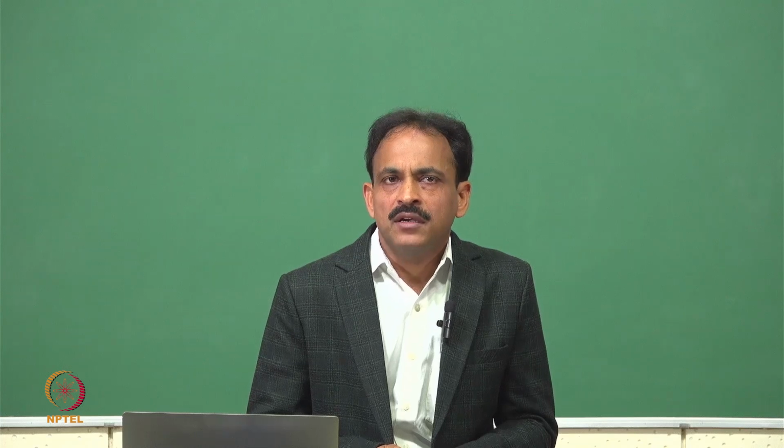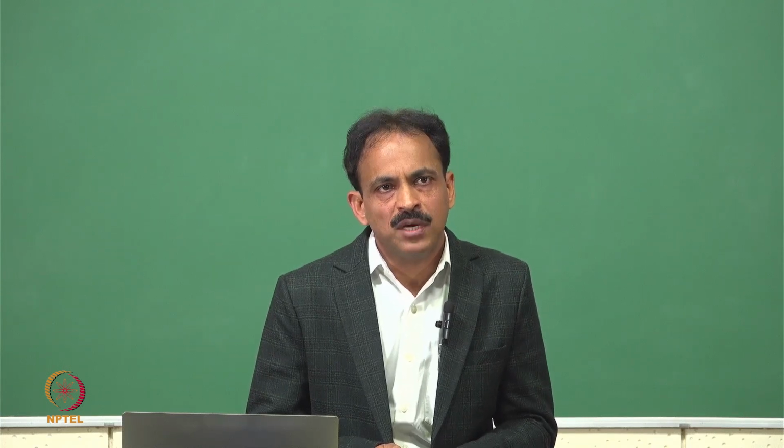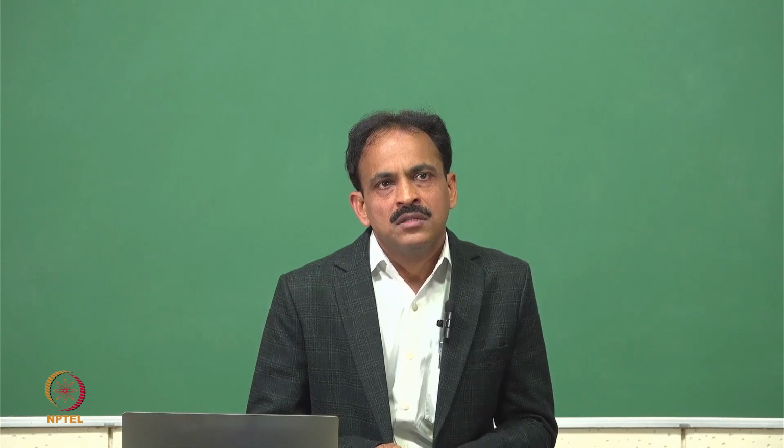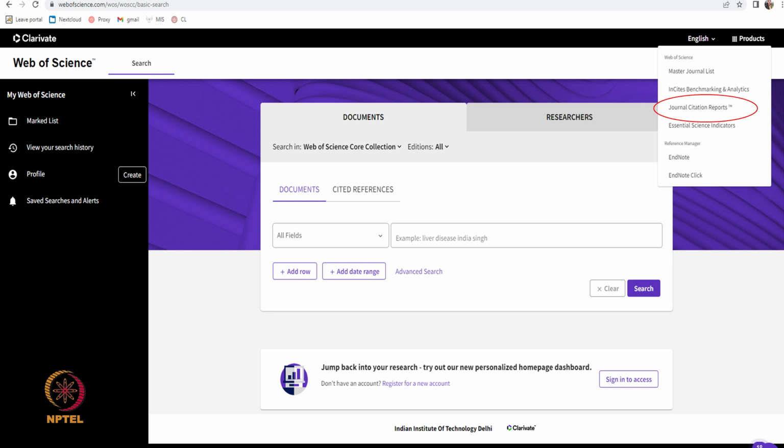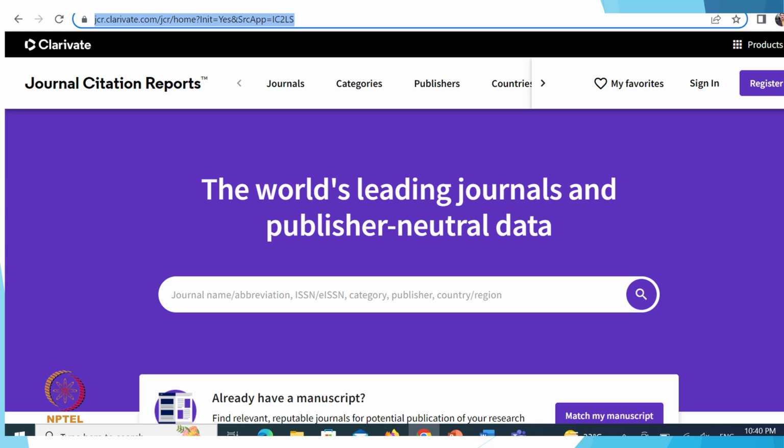We should keep in mind that a journal may advertise its impact factor on its website, but this claim should be verified through JCR. This is a screenshot from Web of Science. You can see at the right side corner, JCR is there along with the other products from Clarivate Analytics. In the JCR, you can use different options for searching.